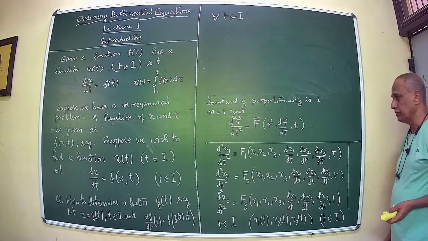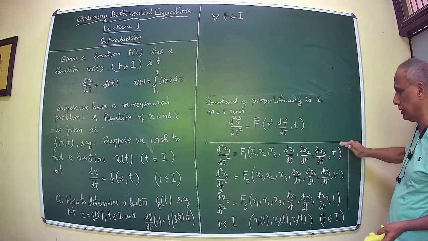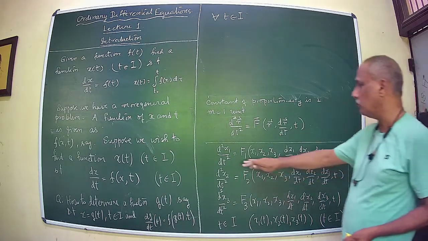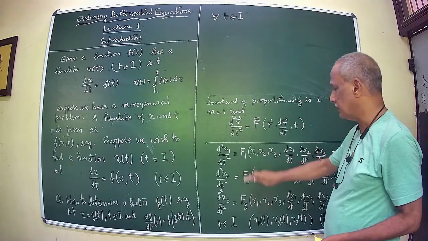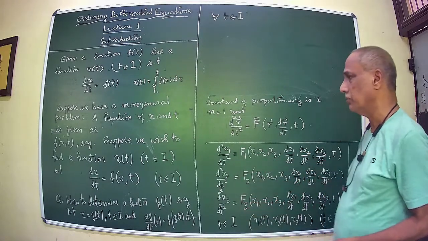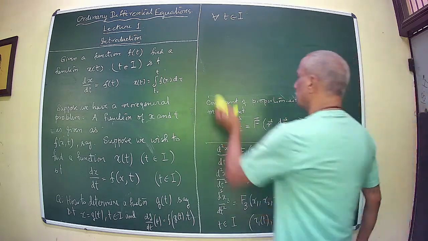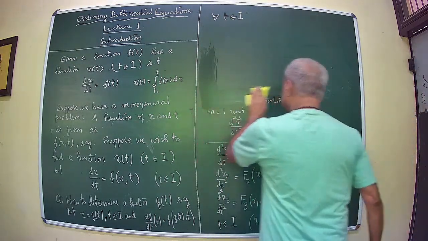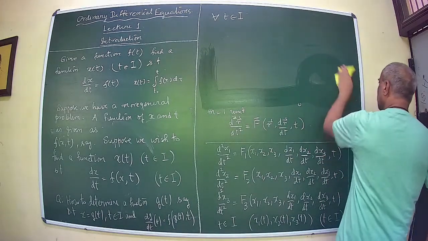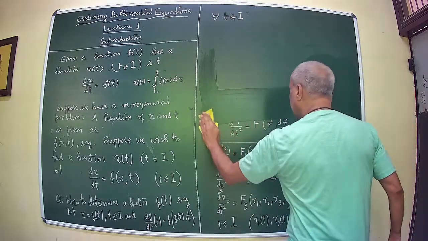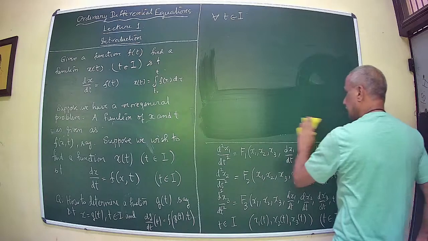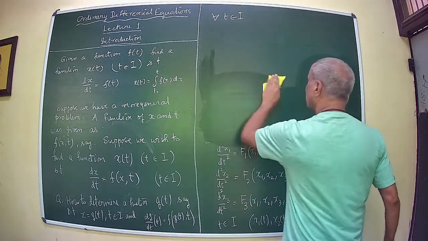Then what to do? In fact, this you can see it can be quite complicated. Depends on how these functions f1 and f2 and f3 look like. The whole problem may be extremely complicated to find a solution.